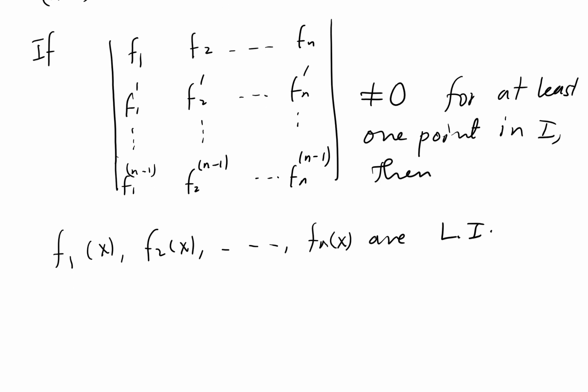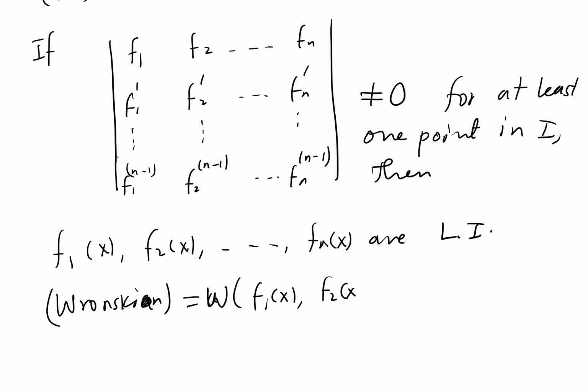So this thing that we just wrote here, we call it the Wronskian. We use the notation W of f1 of x, f2 of x, all the way to fn of x. This is just a notation here.